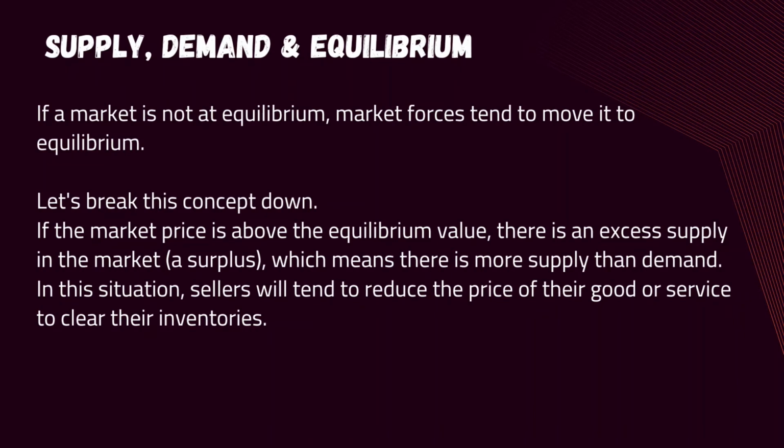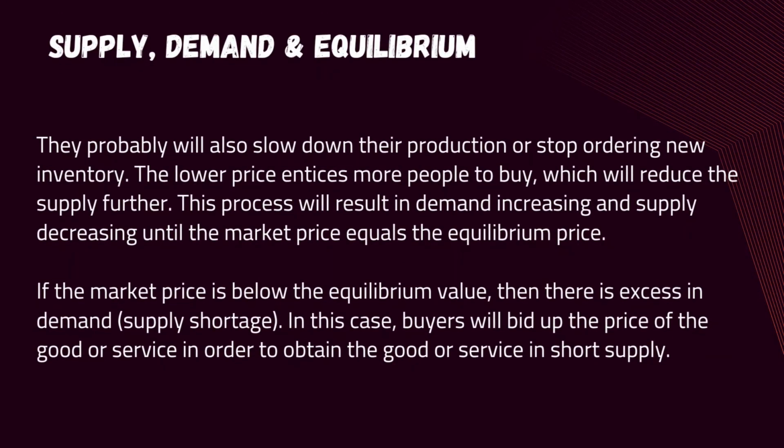In this situation, sellers will tend to reduce the price of their good or service to clear the inventories. They will probably also slow down their production or stop ordering new inventory. The lower price entices more people to buy, which will reduce the supply further. The process will result in demand increasing and supply decreasing until the market price equals the equilibrium price.